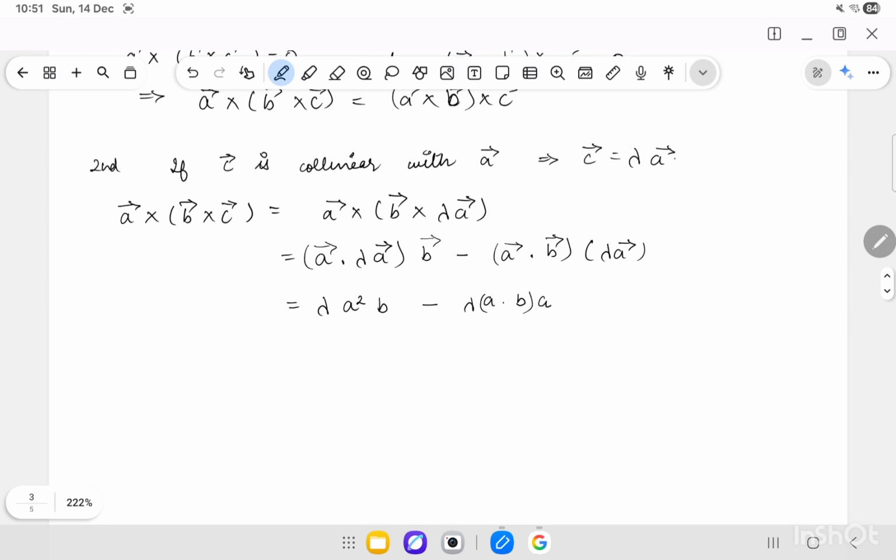Now, we can just pull out lambda from the entire equation.